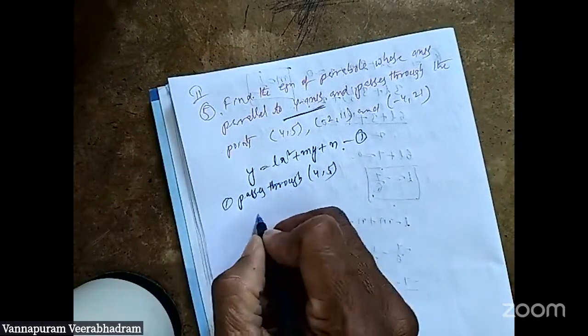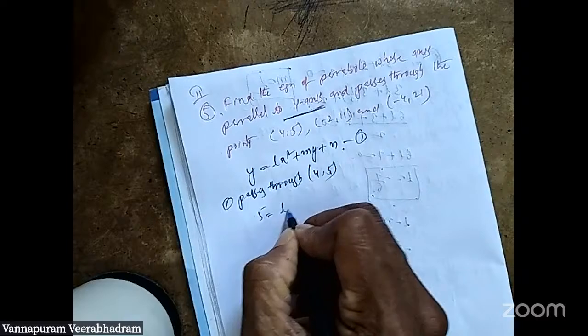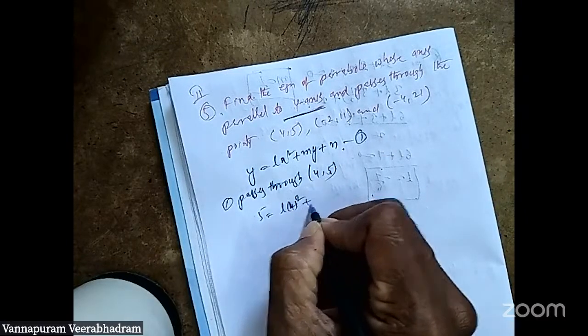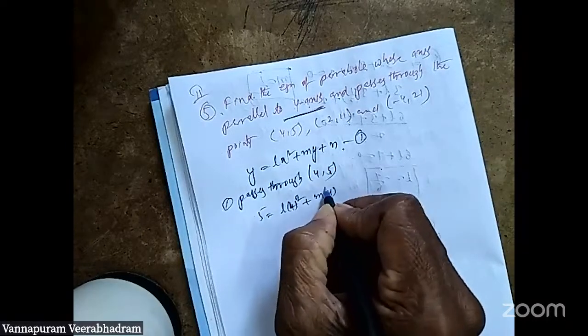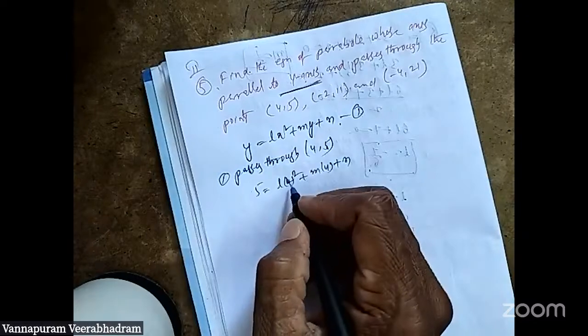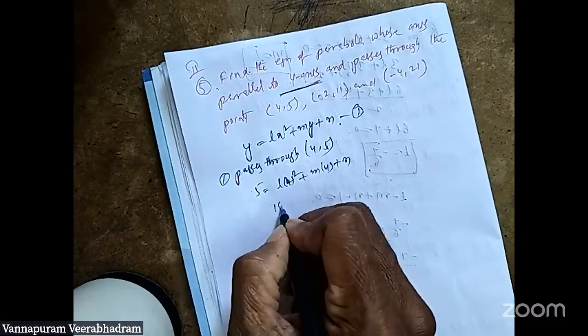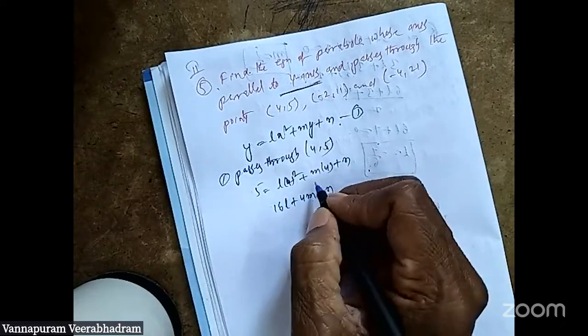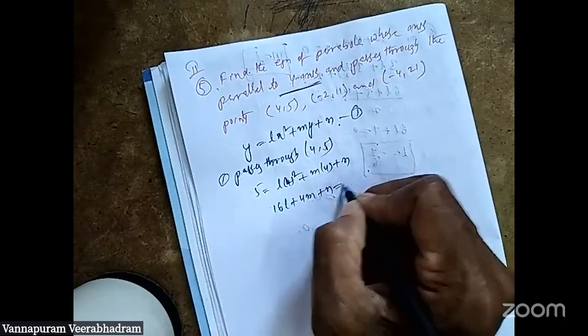So here y equal to 5, that is 5 equal to L into 4 square plus m into 4 plus n. So by simplifying, we get 16L plus 4m plus n equals to 5.